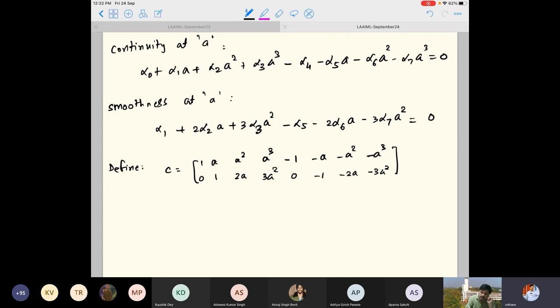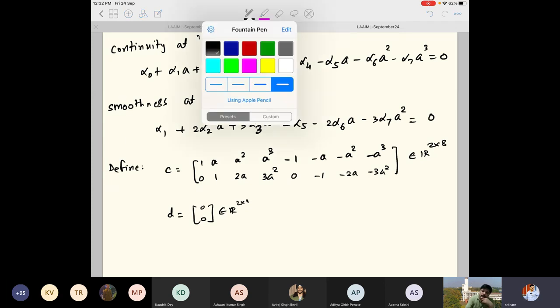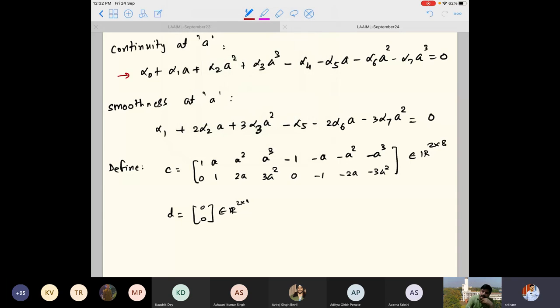And suppose I define D to be equal to 0, 0. So this matrix C is in R 2 by 8, and D is in R 2 by 1. Do you understand how I am getting this matrix? I am looking at the first condition and getting the first row, the second condition and getting the second row. The right hand side is 0, 0, which comes here as 0, 0. Is that okay?